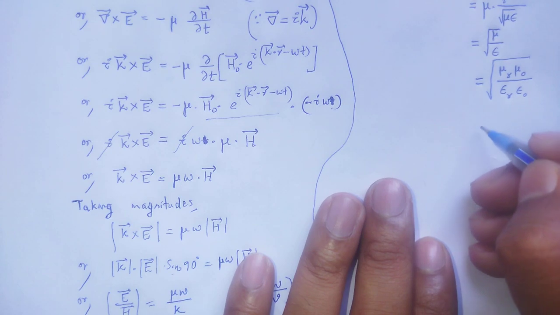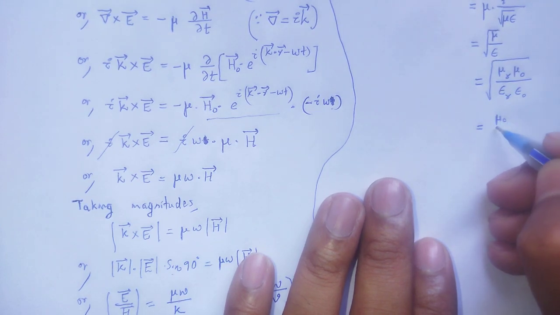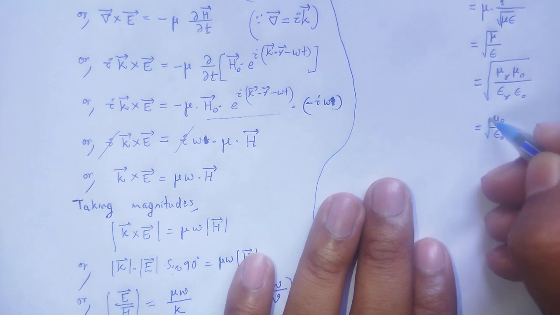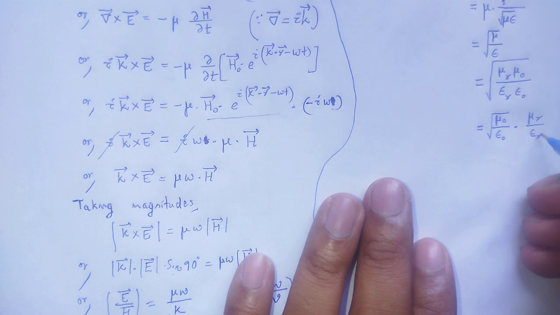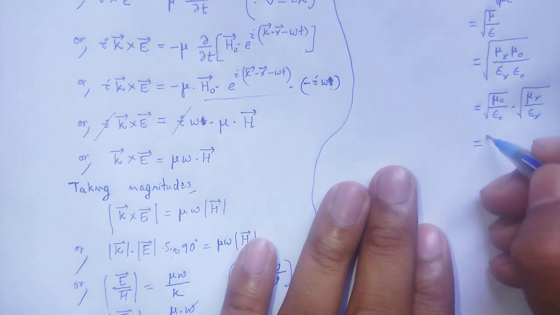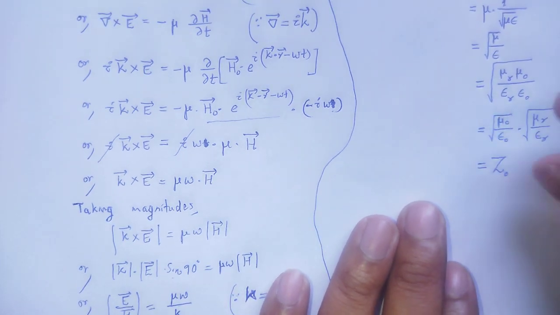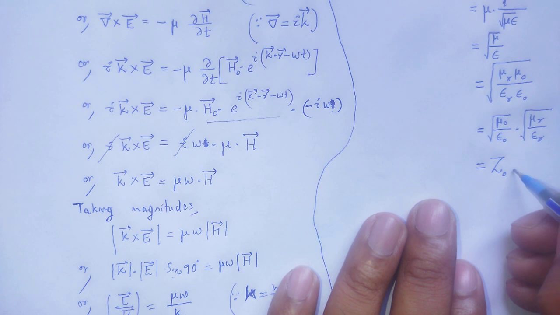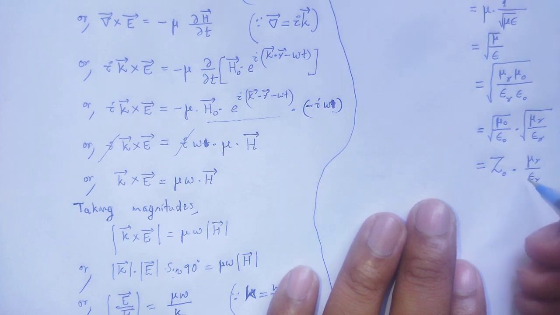Now, separating the terms as under root of mu naught divided by epsilon naught, into under root of mu r divided by epsilon r, that term is called Z naught, which is the impedance of free space, into under root of mu r by epsilon r.